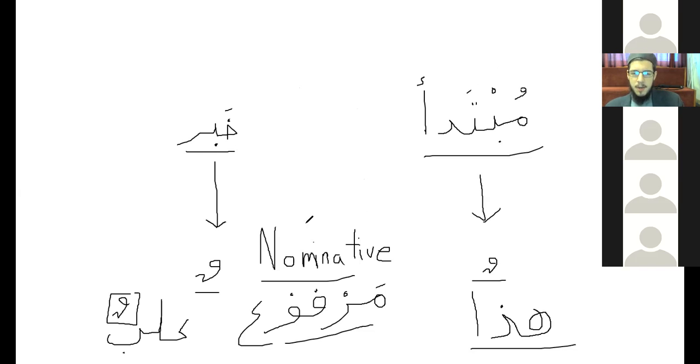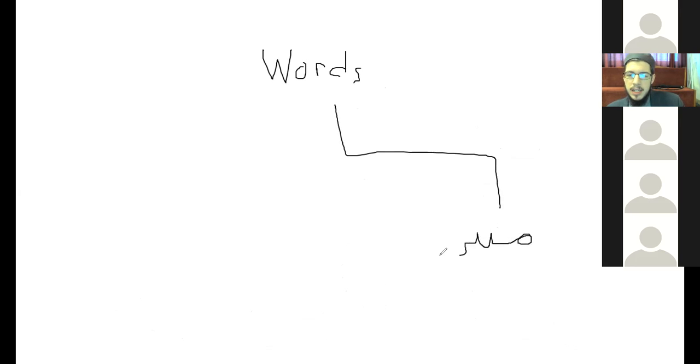So in Arabic, I hope everyone has this that needs to have it, because I'm going to erase it in a second. In Arabic, we can divide all words into two categories. One is called mabni, mabniyun. And the second type is called mu'rabun.